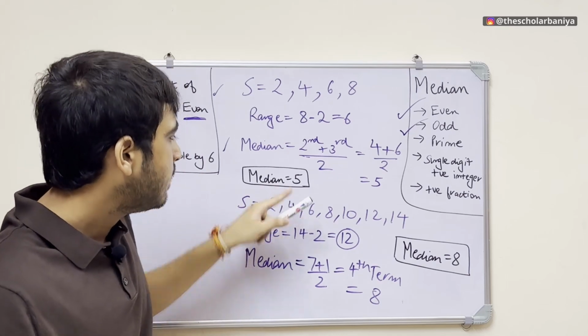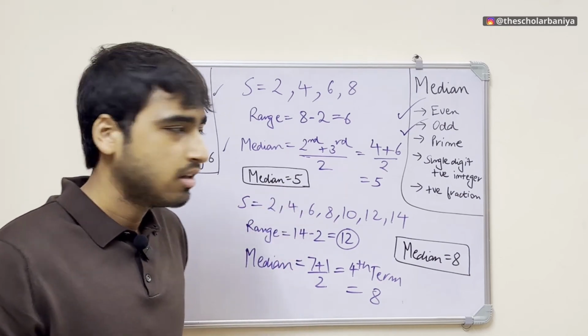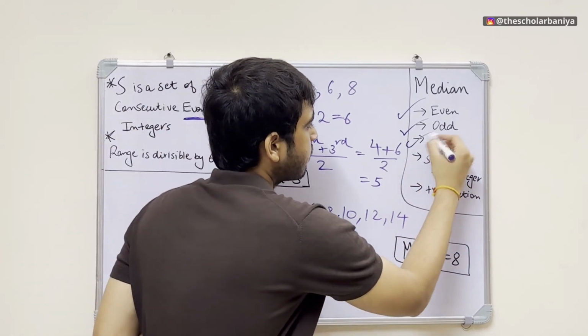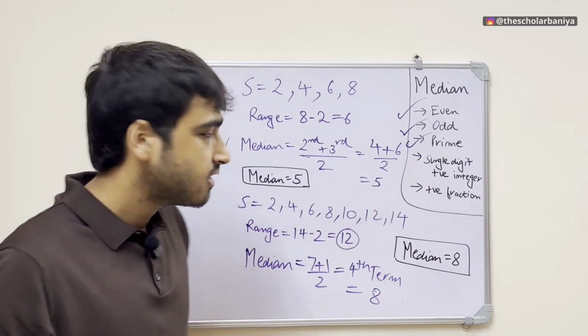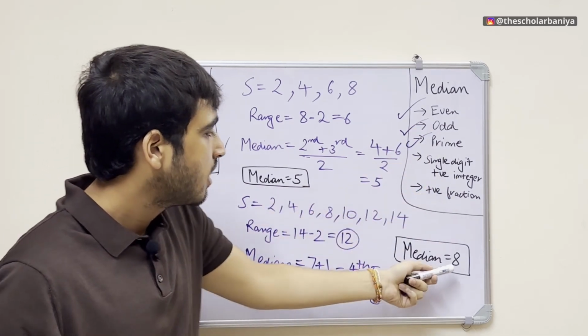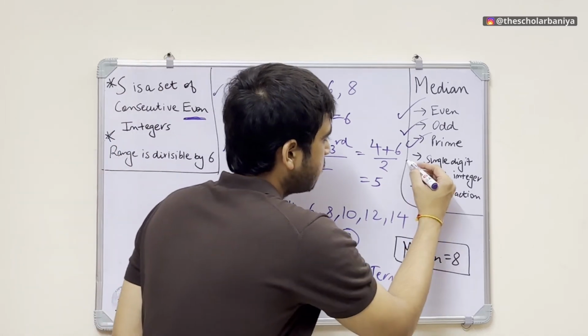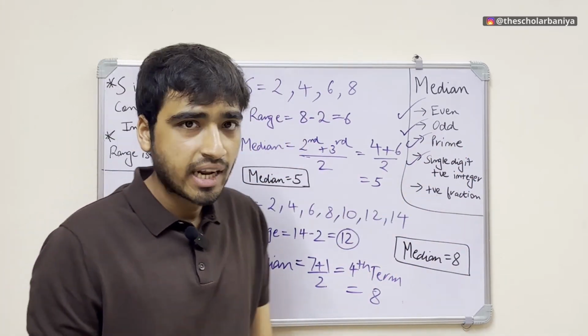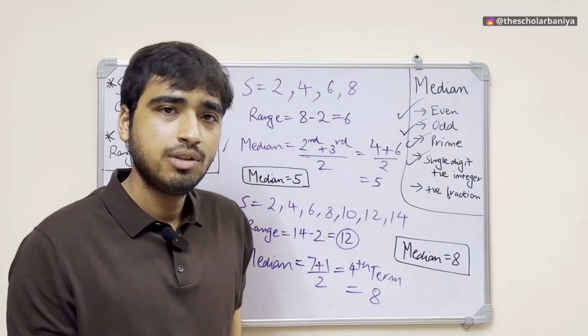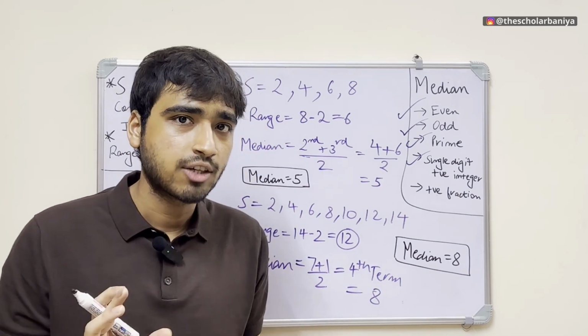Yes, because 5 is a prime number. Can the median be a single digit positive integer? Yes. Can the median be a positive fraction? No, the median cannot be a positive fraction.